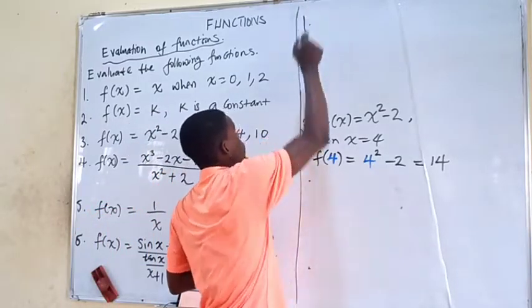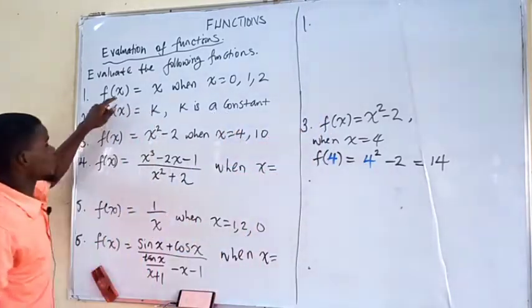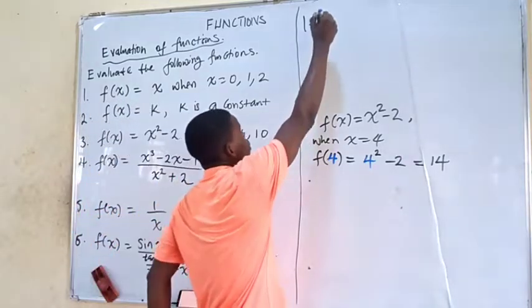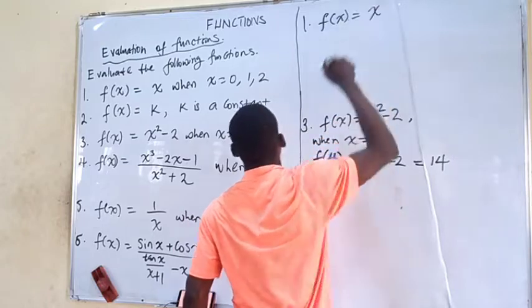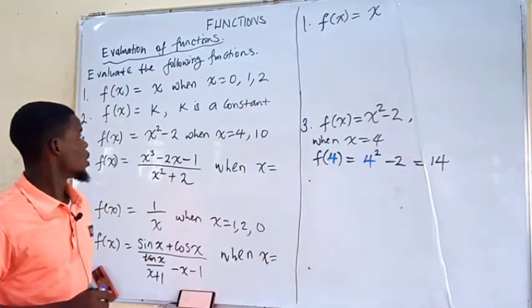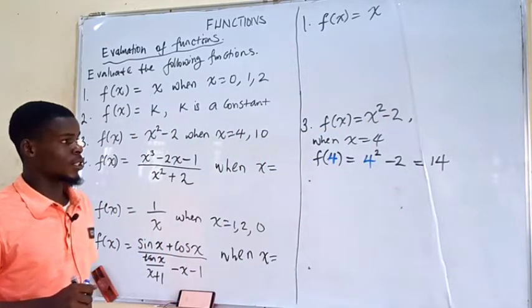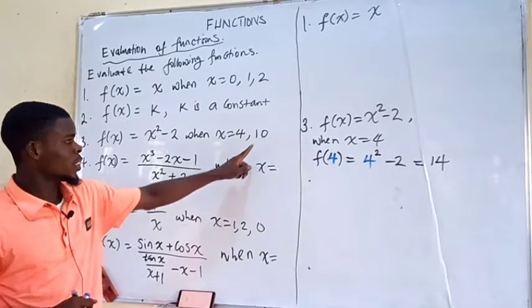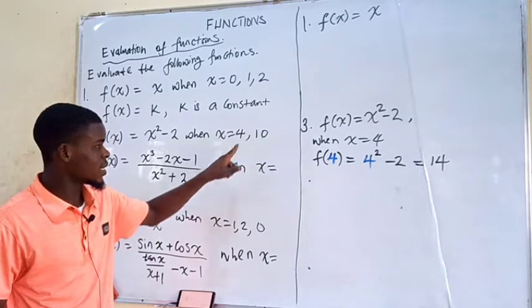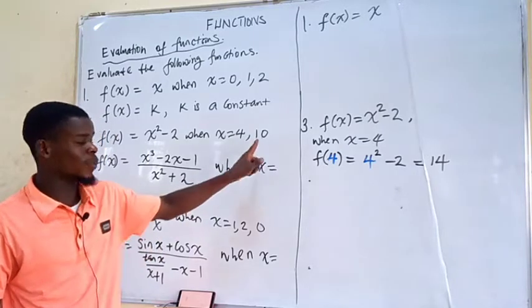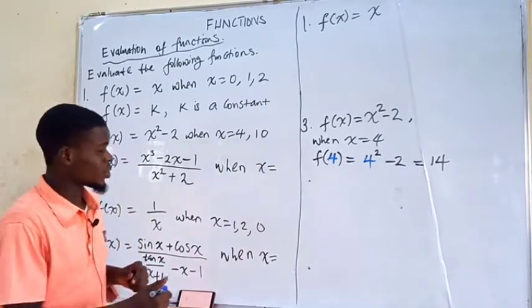Alright, let's look at the first question. We look at f of x equals x, when x is 0, when x is 1, and when x is 2. With the information from the third question, you can easily evaluate when x is 10. Let me do that for you.